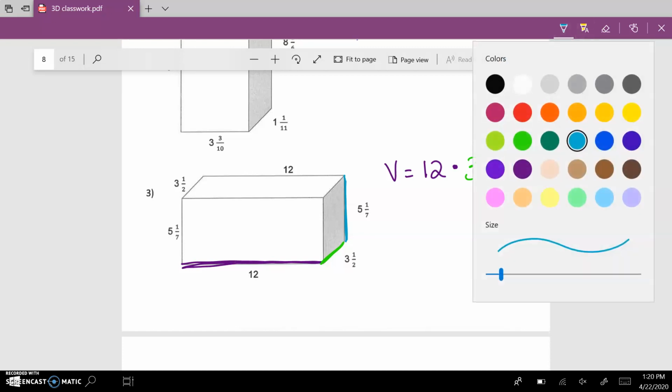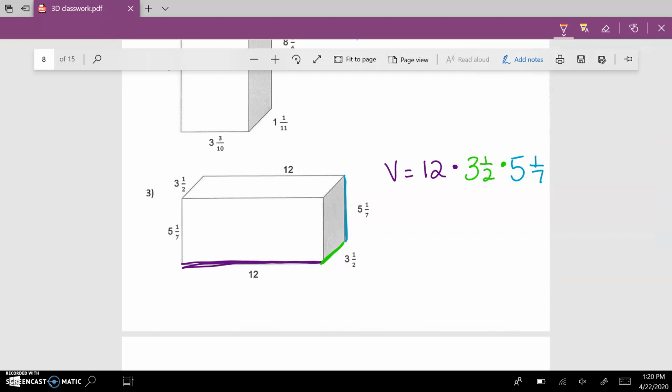Okay, so now I have to turn all of these into improper fractions. Now, some of you probably forgot, how do we write whole numbers as fractions? This would just become 12/1. Times, well, 2 times 3 is 6, plus 1 is 7 halves, times 7 times 5 is 35, plus 1 is 36 over 7.